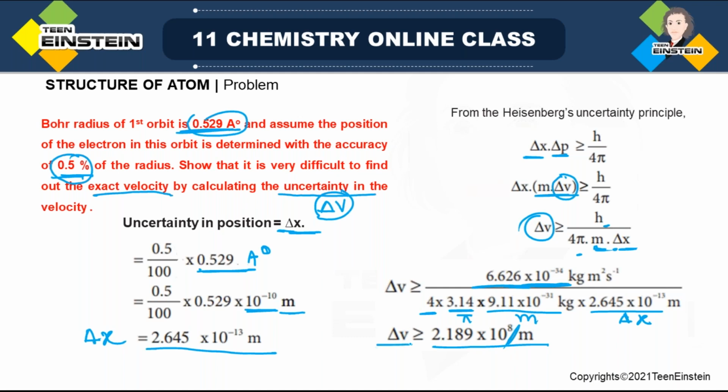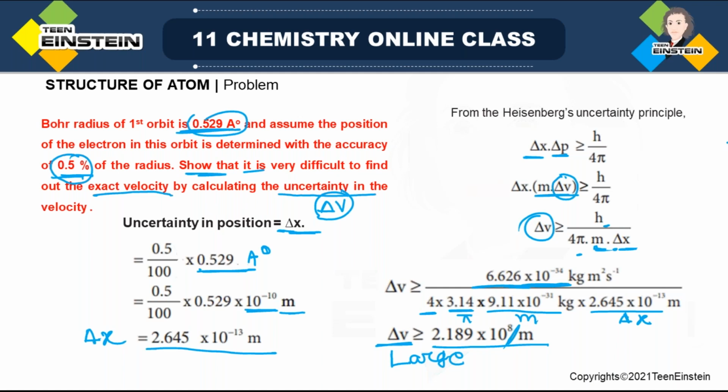So it means that del V is very, very large. And when del V is very large, we can say it is very difficult to find out the exact velocity. So in this way we can show how it is very large, or you can say it is very difficult to find out the velocity.